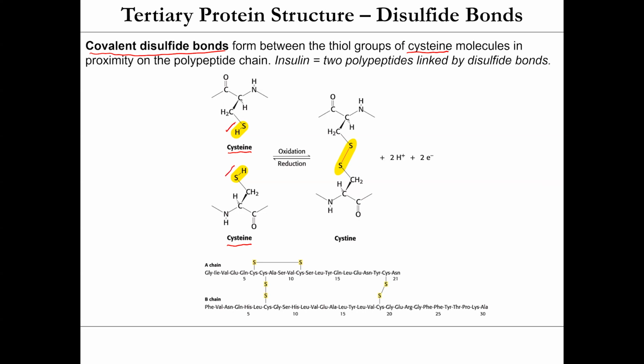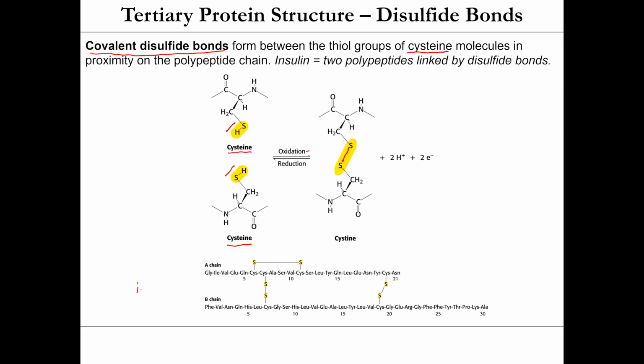So there will be an oxidation reaction with those two cysteines that are in close proximity to each other that will actually cause the formation of a covalent disulfide bond between these two sulfur atoms. And this is a very common part of overall tertiary structure and overall protein folding in general.